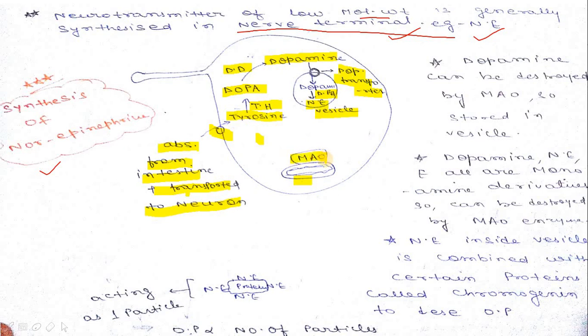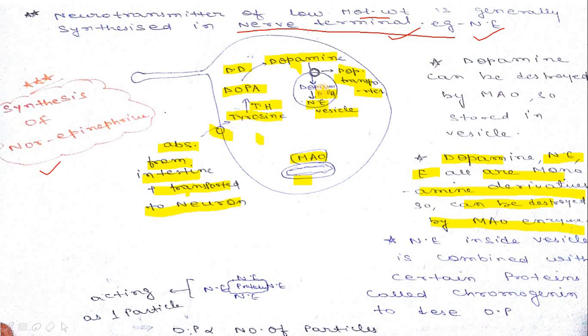What is the name of the enzyme? Monoamine oxidase. It generally catalyzes amine types of compounds. Dopamine, norepinephrine and epinephrine are all monoamine derivatives because all have an amine group, so they can be destroyed by the monoamine oxidase enzyme. So as dopamine is formed, it is quickly transported into the vesicle.